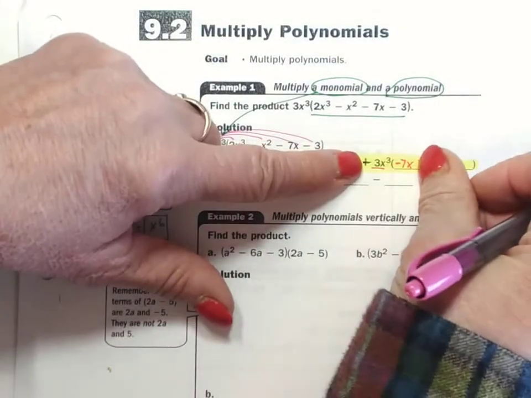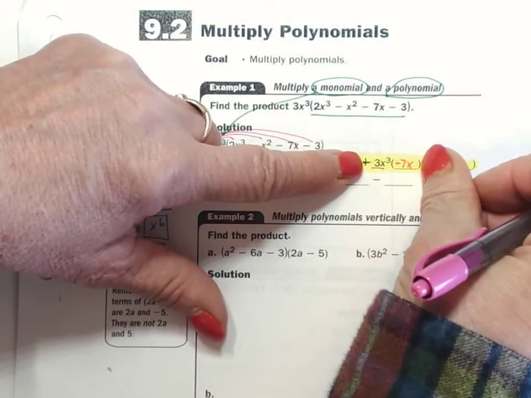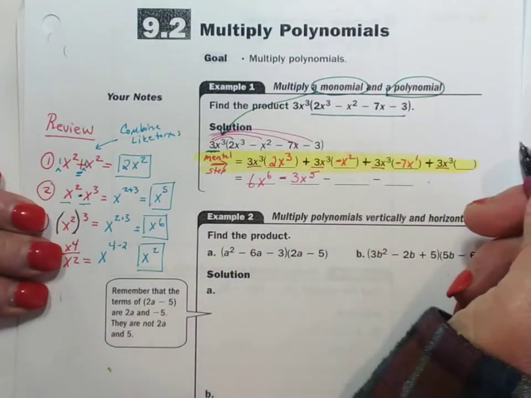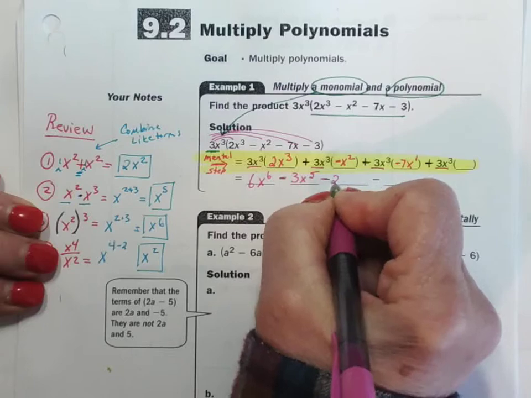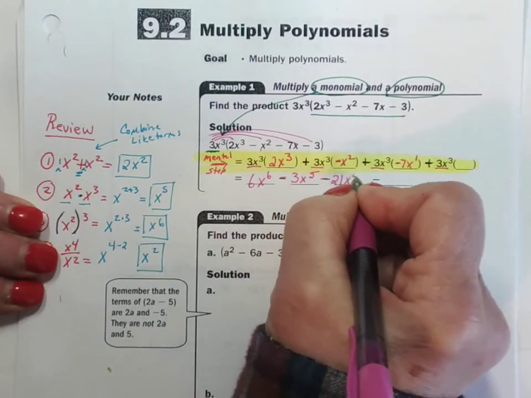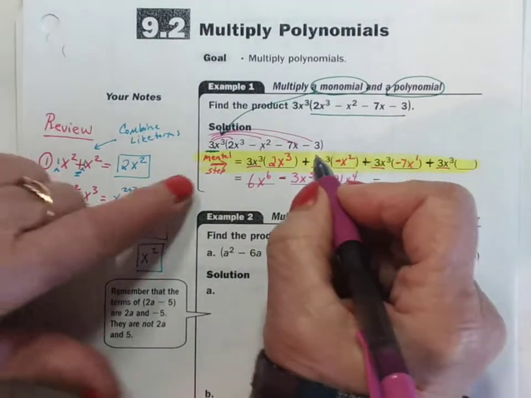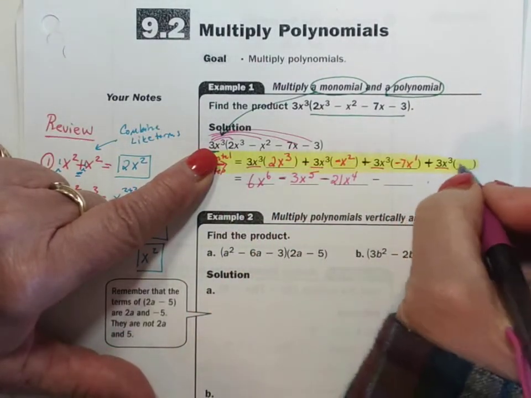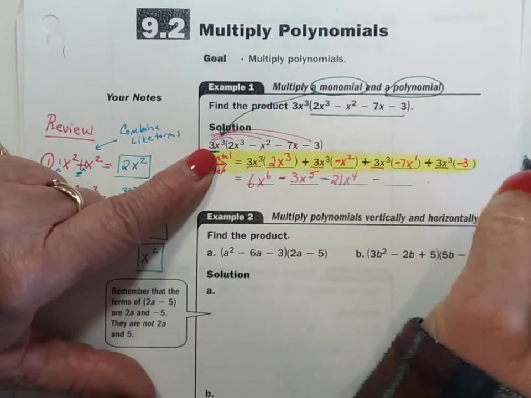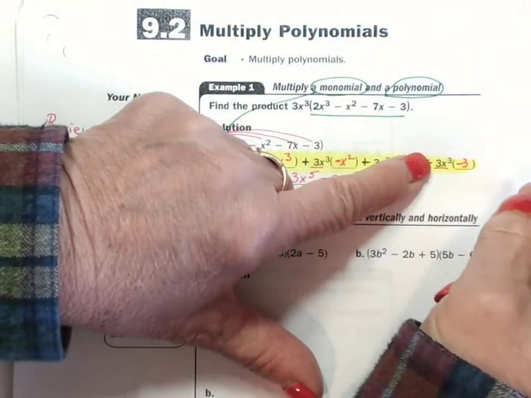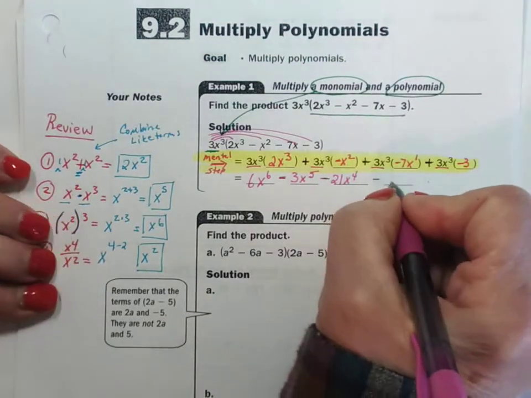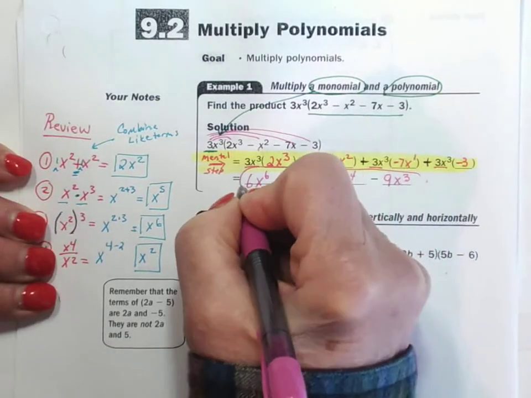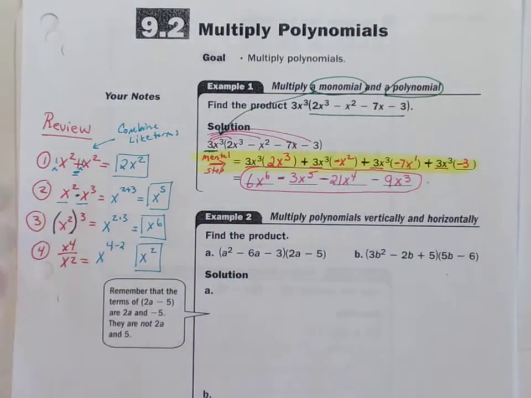We multiply these 2 terms. We get negative 21x to the 4th, because remember there's an implied 1 there. And now we multiply this term times our last, 3x cubed times negative 3. We multiply those and we get negative 9x cubed. And that is your answer.